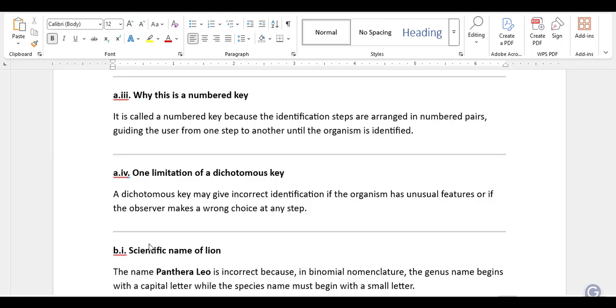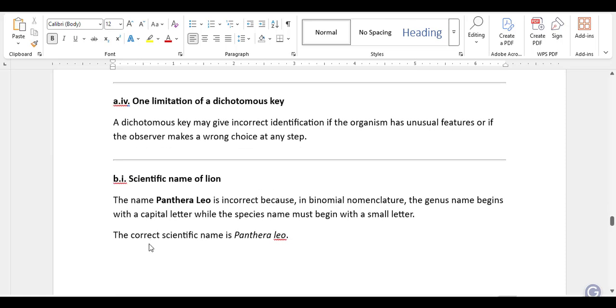Sometimes when you have a very large number of organisms to identify, the numbered key is preferred rather than the dichotomous key. So the dichotomous key may not be suitable for large numbers of specimens or organisms to be identified.